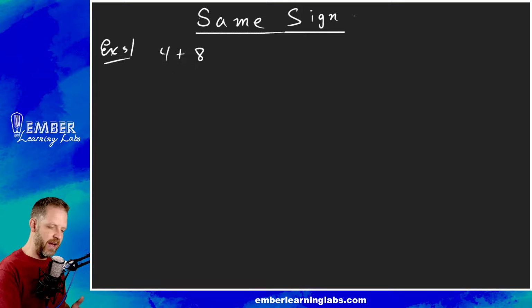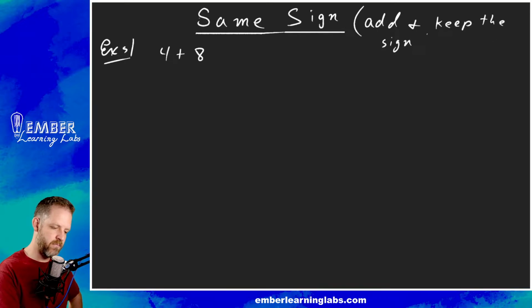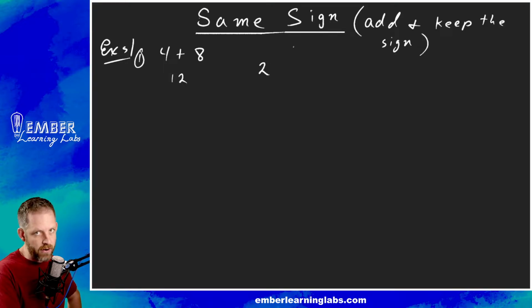That's what we do anytime we're adding things with the same sign: we add and keep the sign. So the answer to this first example is 12. That one's old news, right? 4 plus 8 is 12. You've been knowing that for a long time.